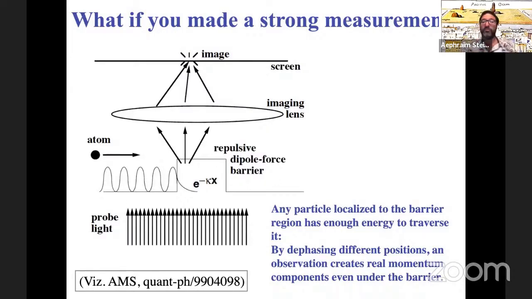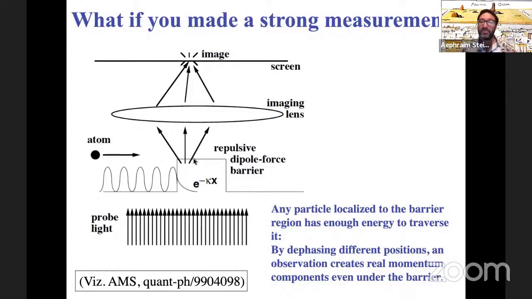And therefore, once you find it there, you've created real momentum components that can roll across the rest of the barrier without even needing to tunnel. So the prediction was that if you could strongly measure that a particle was in the barrier, even if the barrier was so thick that you'd been seeing no tunneling before then, you might still find it in the first exponential decay length. Whenever you did that, it would become essentially equally likely to be transmitted or reflected.